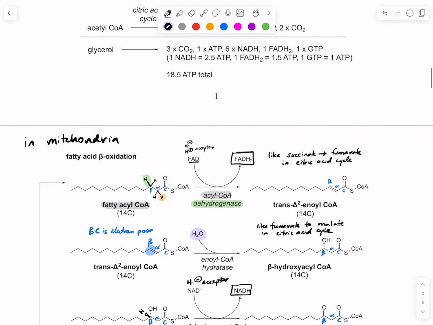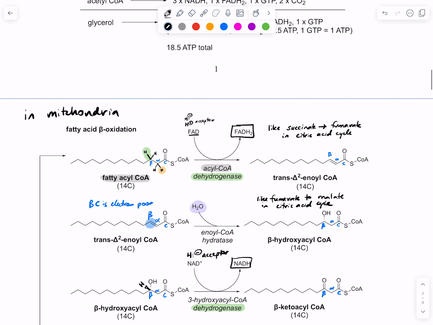How many acetyl-CoA units can I get from a 14-carbon fatty acyl-CoA? 2, 4, 6, 8, 10, 12, 14.